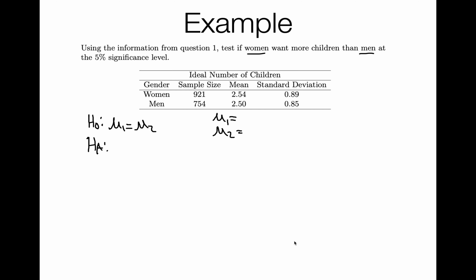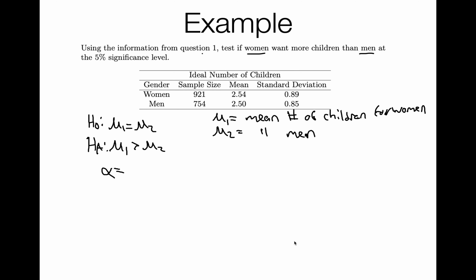Mu1 is the mean number of children for women. Sorry for my terrible handwriting. And mu2 is the same, but for men. So if I want to test if women want more than men, I'm going to test if mu1 is greater than mu2. Those are the hypotheses that we're going with.